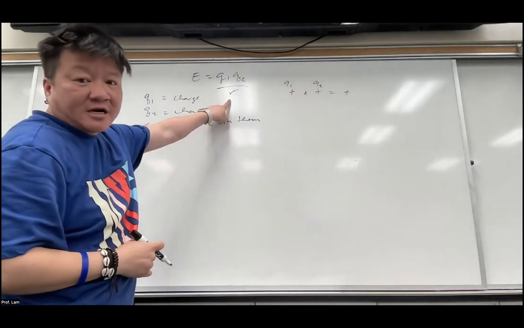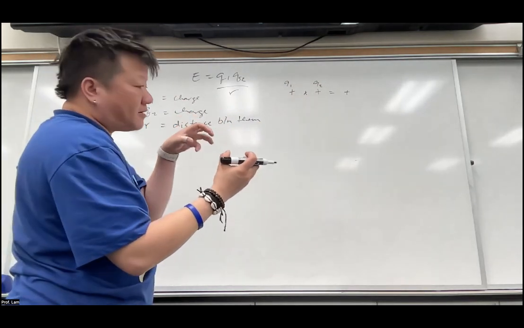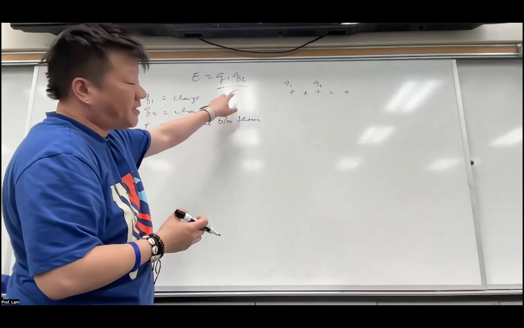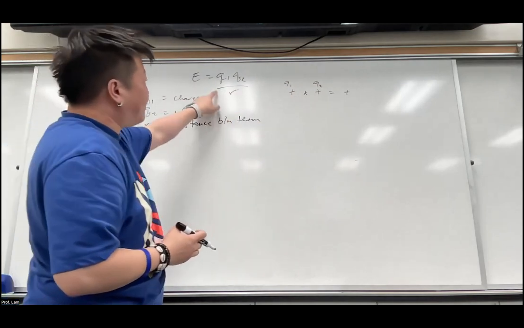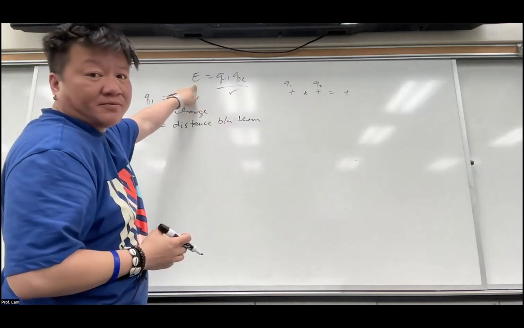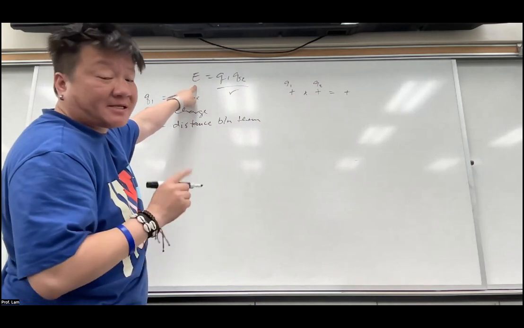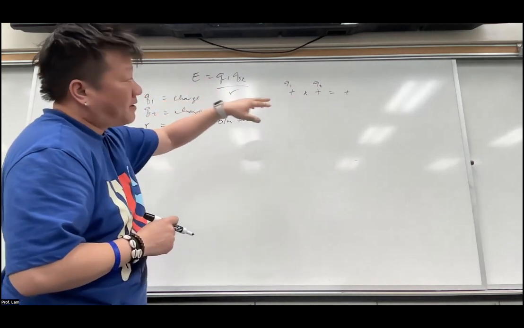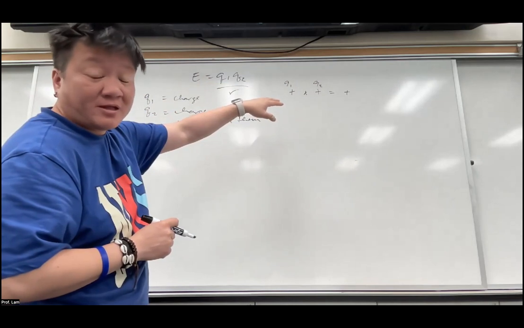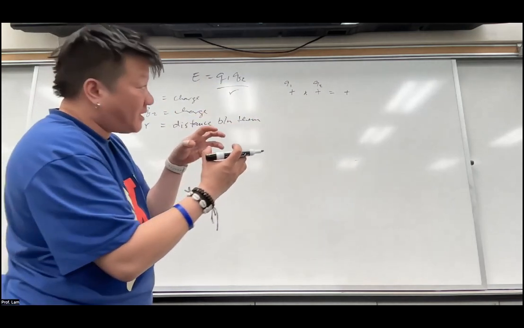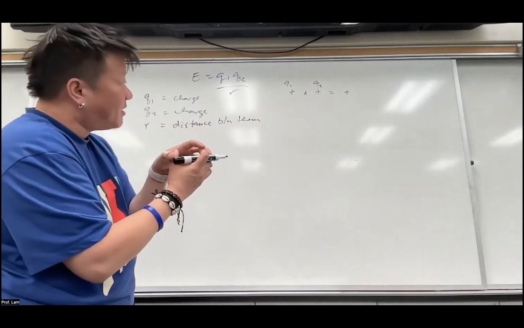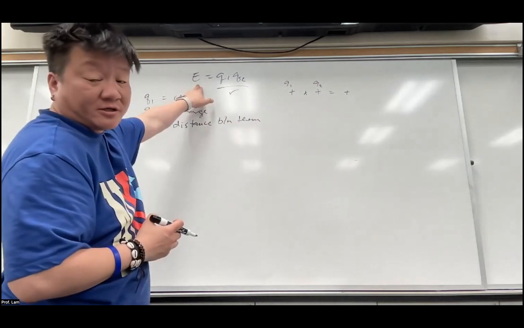And R is the denominator. So as you bring the two charges closer together, meaning R is small, potential energy is going to blow up. That makes sense because like charges repel each other, right? So when you bring in two charges that are the same, you increase the potential energy, okay?